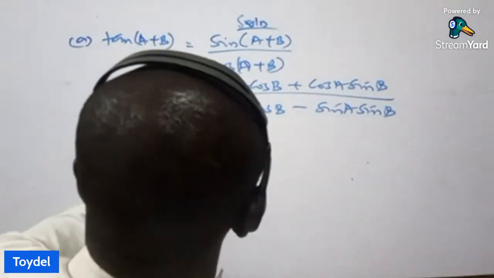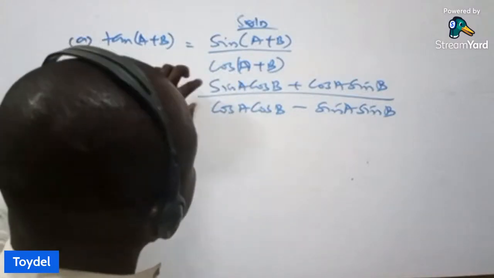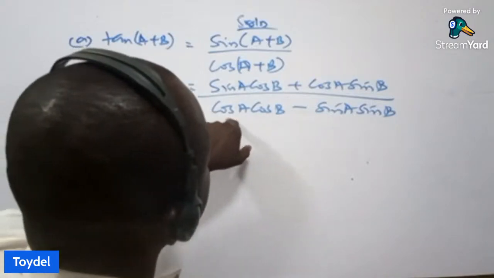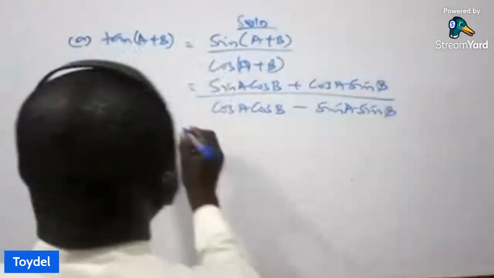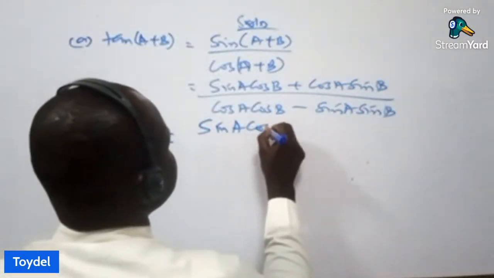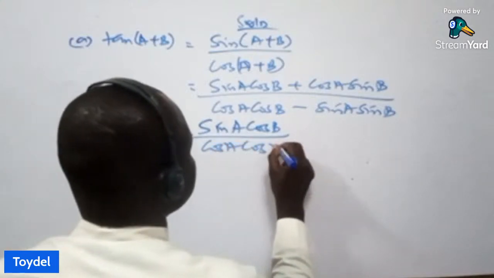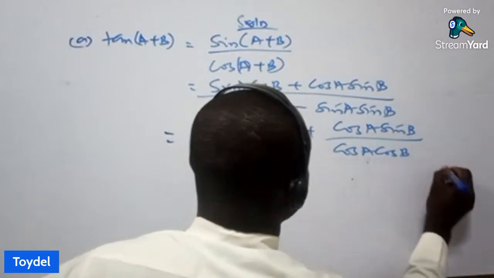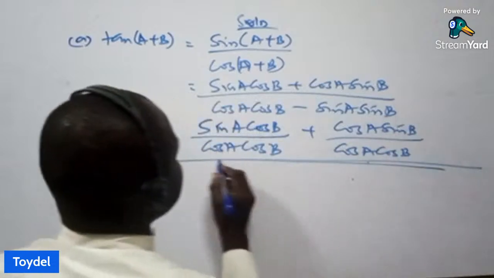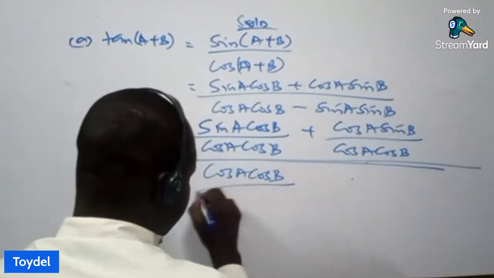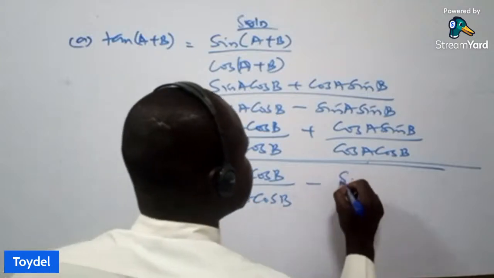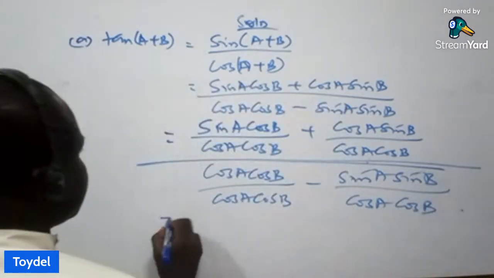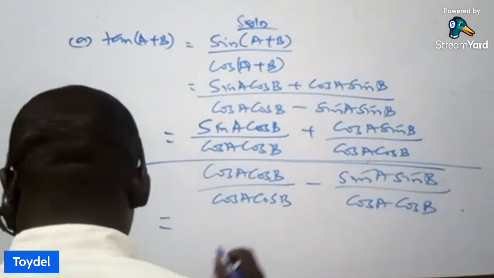Since tan is sine all over cos, we are going to divide both the numerator and denominator by cos A cos B. That is, we are going to have sine A cos B all over cos A cos B, plus cos A sine B all over cos A cos B, all over cos A cos B divided by cos A cos B, minus sine A sine B all over cos A cos B. If you do that, some of these will cancel out.